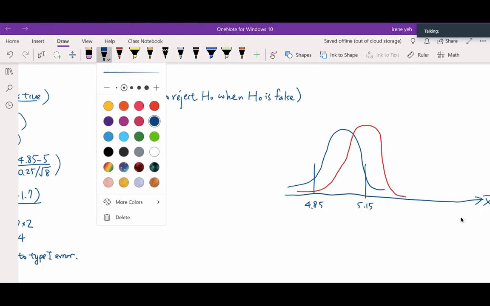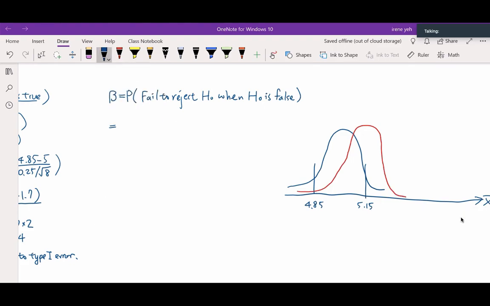Make this a little higher. So this one, mean is 5. This one, mean is 5.1. All right, so what is the area we're deriving? It is the area under this red distribution that fell within the confidence interval between 4.85 and 5.15.